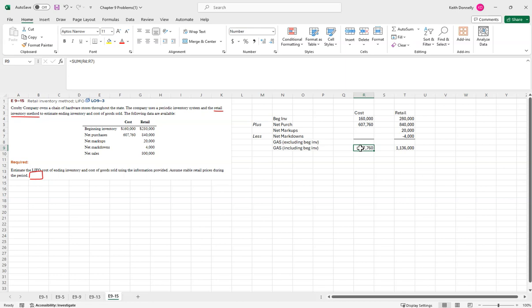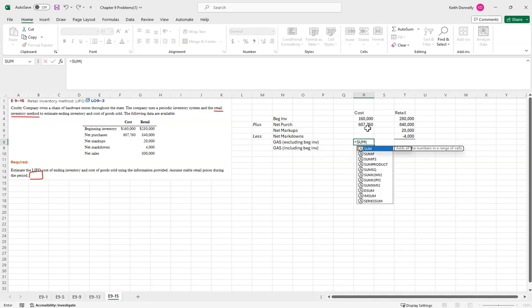So this guy right here, including beginning inventory, it's the whole shooting match. It's what we would normally think of for goods available for sale. But if we were to exclude beginning inventory, it would be everything but beginning inventory.